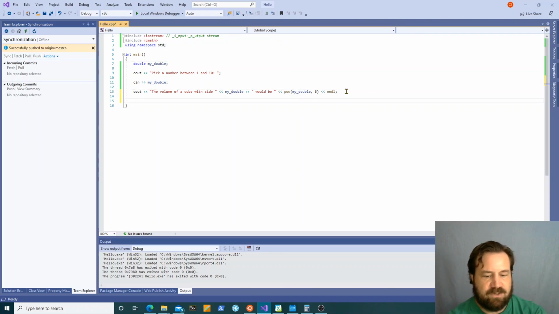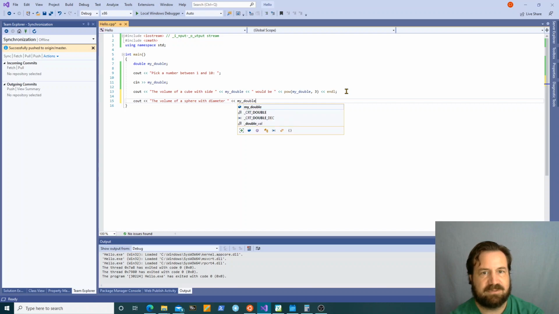What if we wanted to do, say, the volume of a sphere with diameter my double? Okay, what's the formula here?